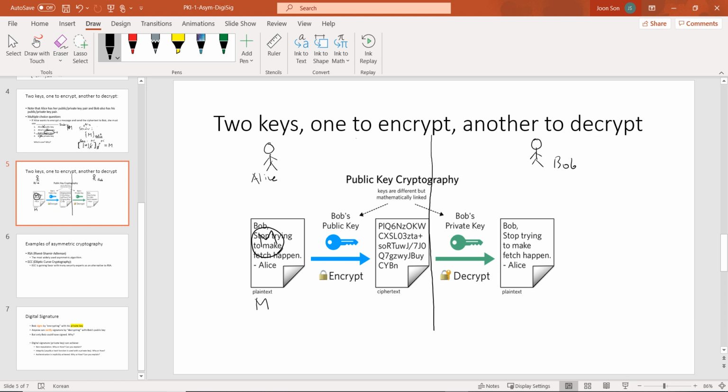So she encrypts using Bob's public key, the receiver's public key. In our example, that's Bob's public key, since Bob is the receiver.